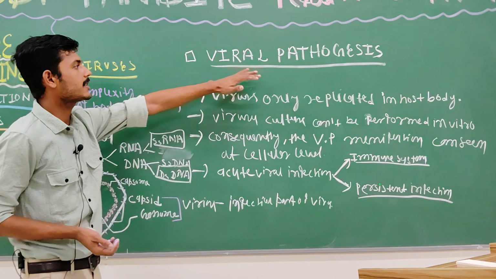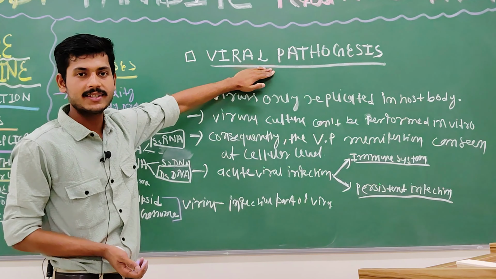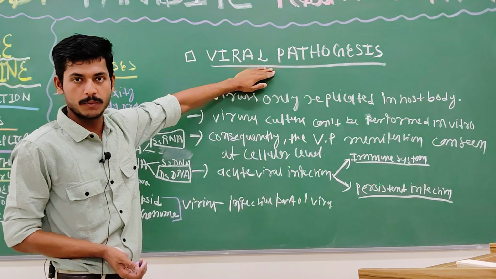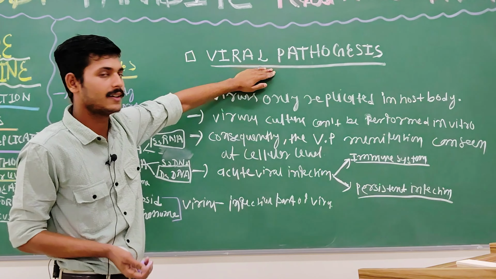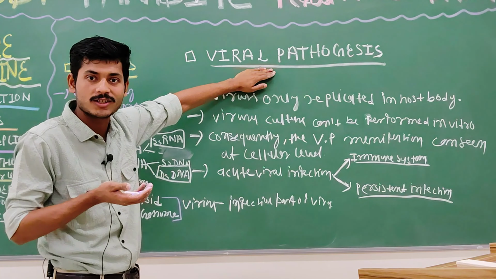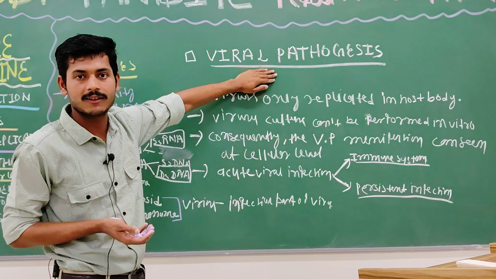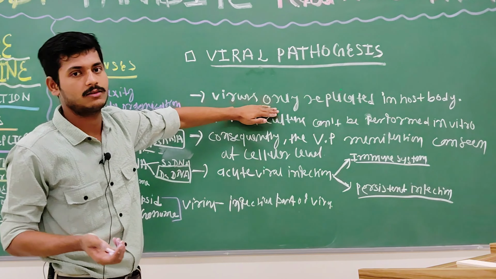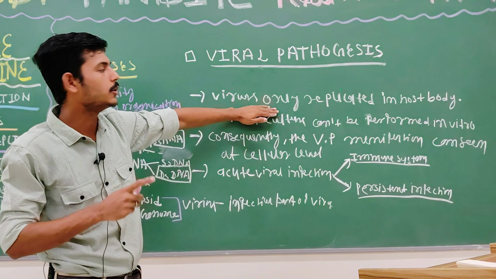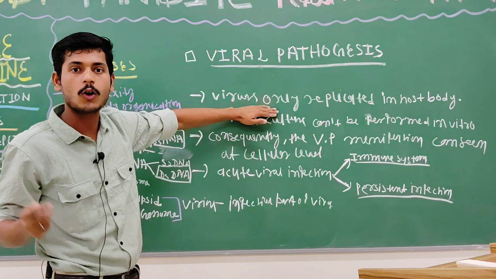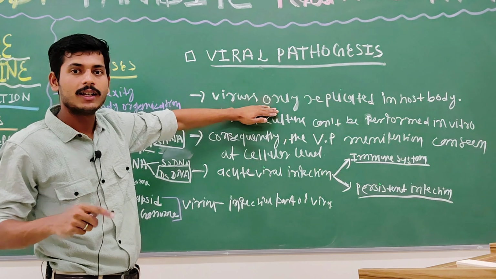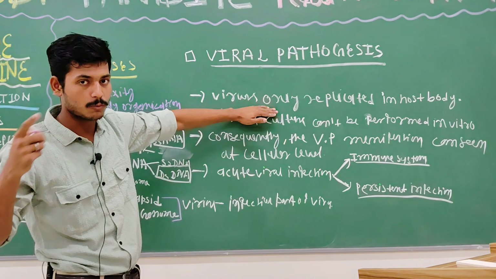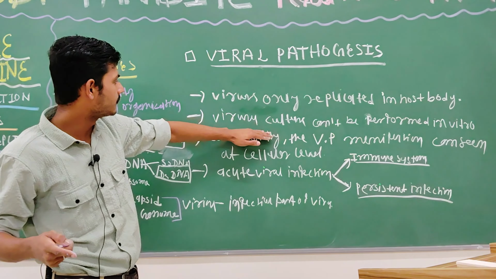What we discussed about viral pathogenesis is how viruses cause disease in humans by increasing their number, their progeny, and that we term viral pathogenesis. Then we said a virus needs a host to replicate. They won't replicate in non-living objects. They need a host to multiply and propagate their life.